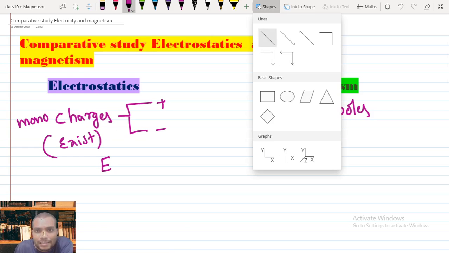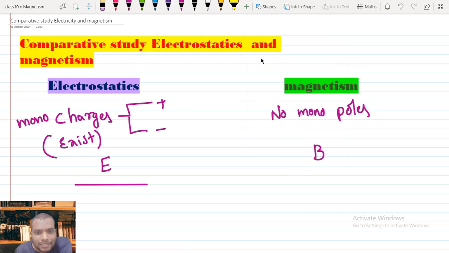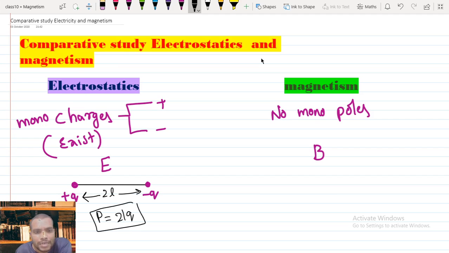And in electricity or electrostatics, we have electric dipole. So this is electric dipole. One is positive charge, another one is negative charge, having a dipole length of 2L. So if it is dipole, it's having dipole moment, that is represented with P equal to 2Lq, which is the dipole moment.